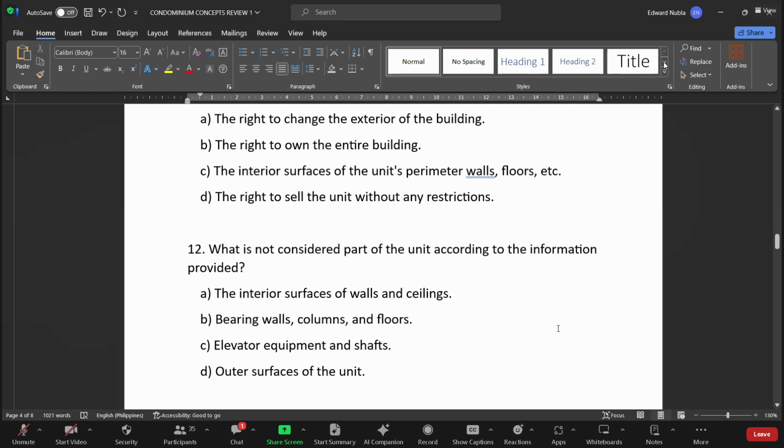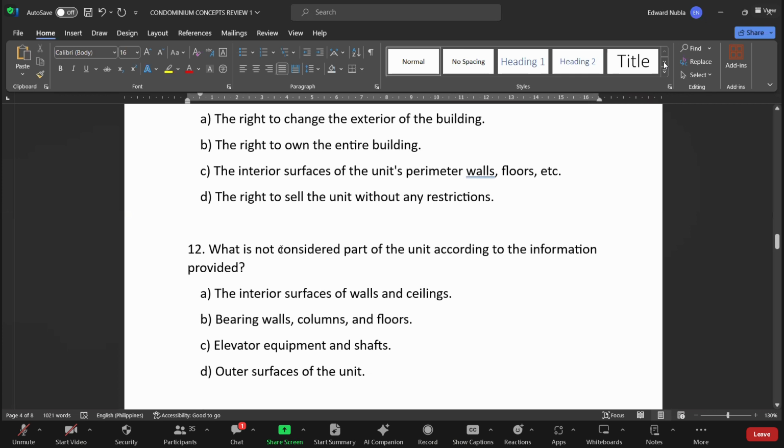Number 12, Sir Jesus. What is considered part of the unit according to the info? My answer, sir, is the outer surfaces of the unit. All right. Correct.